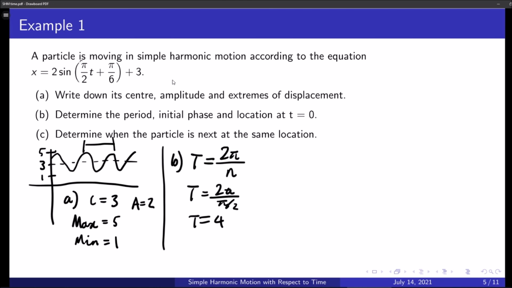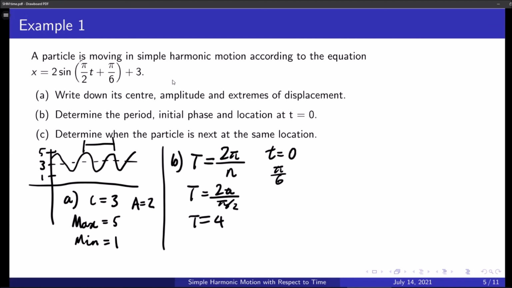And actually, initial phase and location. When t equals 0, obviously the first part disappears, so the phase is just pi on 6.